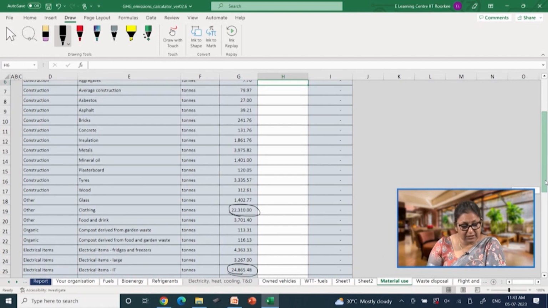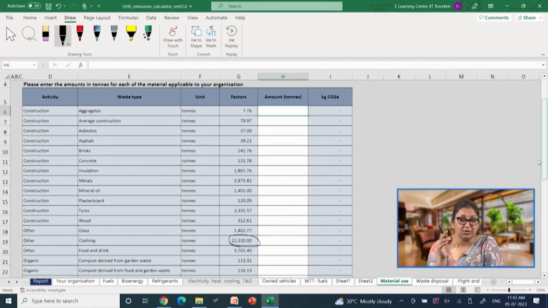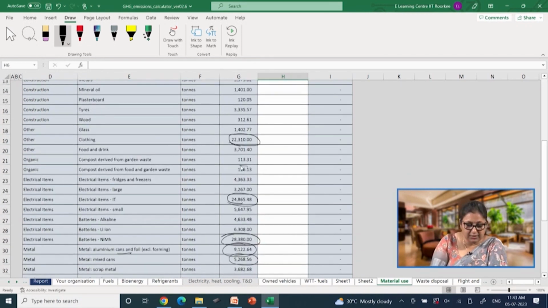And look at the materials which are very low on emissions. Most of them are the natural materials. For example, you look at aggregate which is going in the concrete, or you look at compost. It is not zero emission because there is methane being produced from the compost during the composting process, but these are very low on emissions.